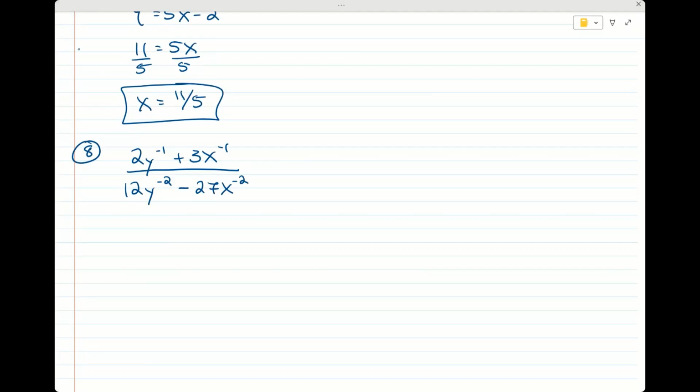We know that negative powers mean that you take the reciprocal, you bring them to the denominator. So we're going to rewrite this as 2 over y to the first plus 3 over x to the first, all divided by 12 over y squared minus 27 over x to the second.